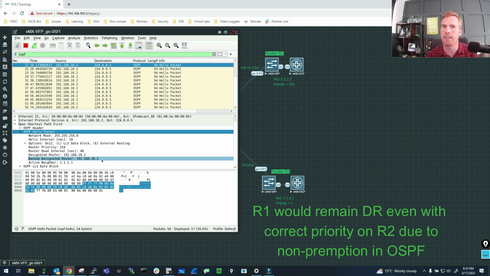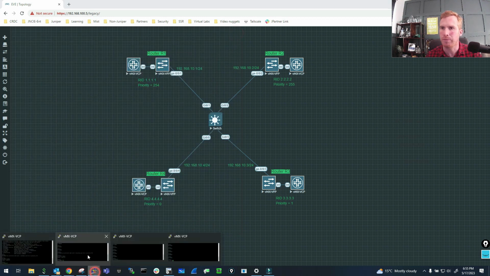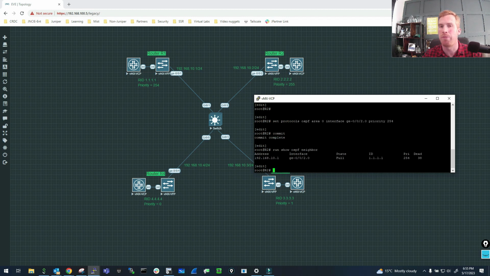It's not going to take that row away unless router R1 reboots, reloads, restarts OSPF, whatever it may be, i.e. goes offline and comes back online. Now if I go back onto R2 and run show OSPF neighbor, we can see if we've built that full adjacency to router R1.